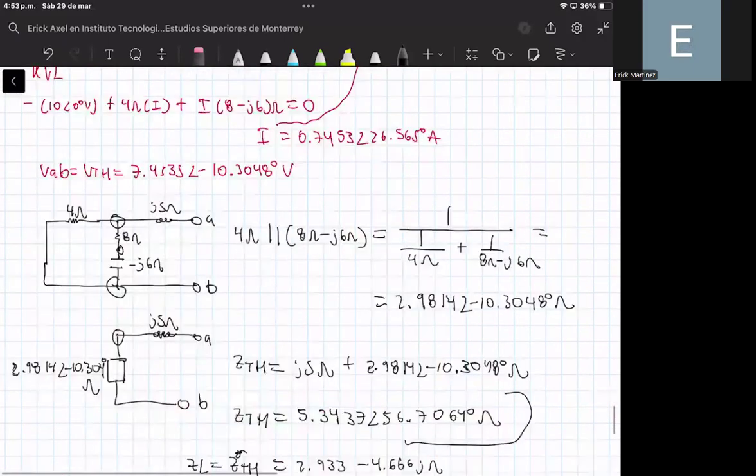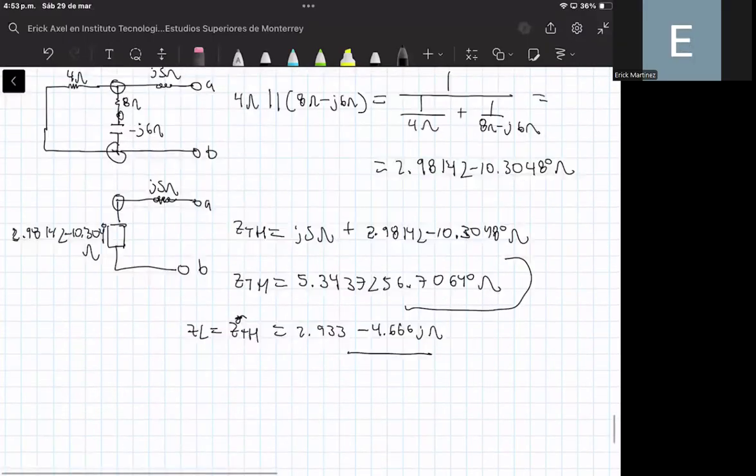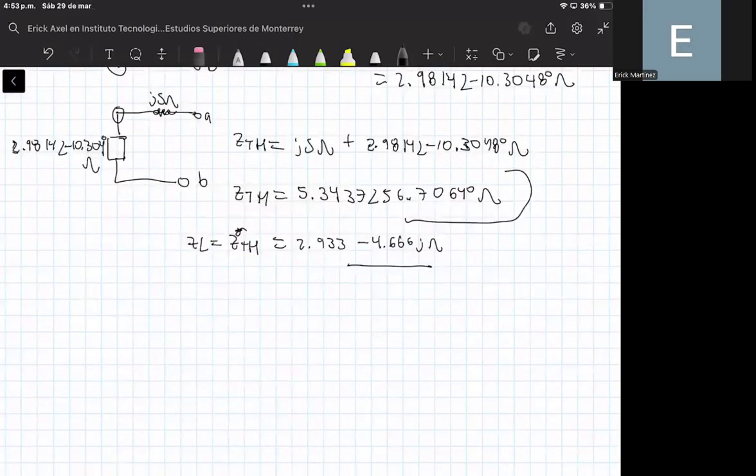Okay, so with this information, we can now compute what is the maximum average power transfer that is given to this load. Now, imagine that we have the following circuit. This is the Thevenin voltage. Here we have the Thevenin impedance.